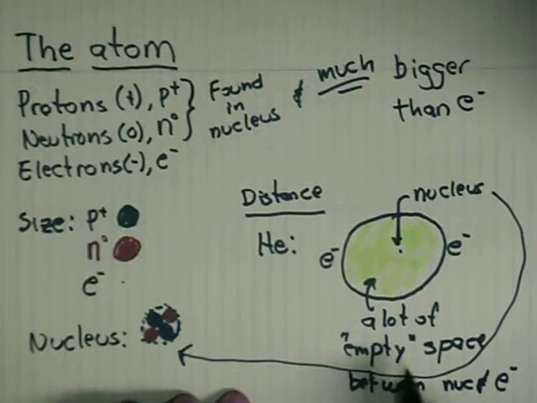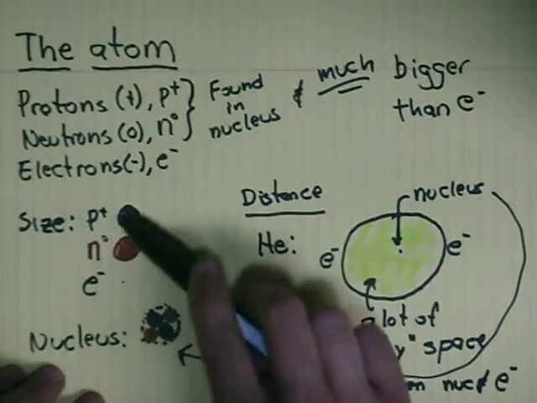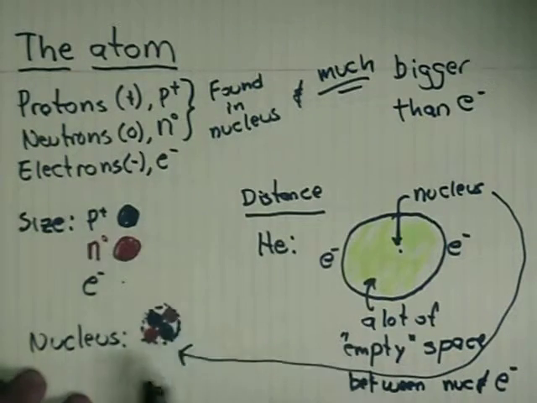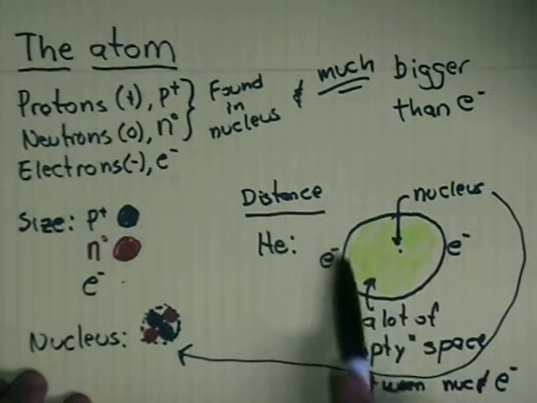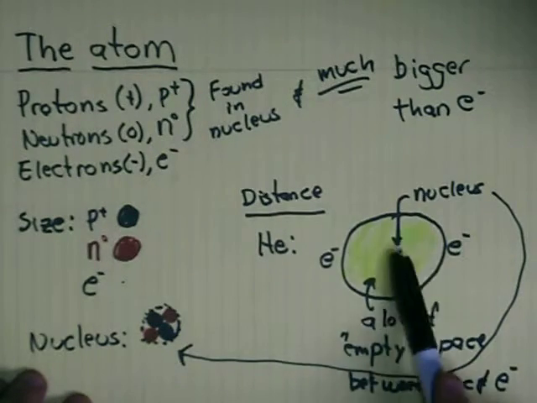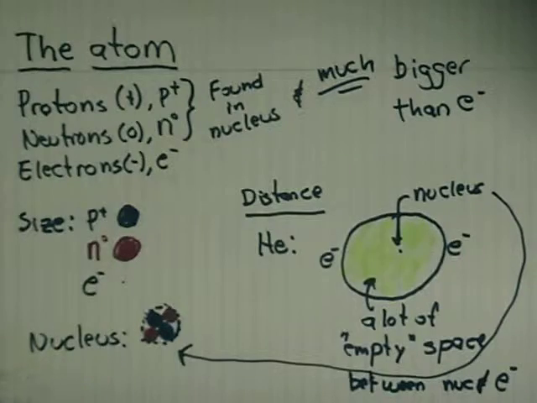So a lot of empty space between the electrons and the nucleus, the neutrons and the protons. So with size, protons and neutrons are really big, electrons tiny. And then distance, electrons are way, way, way out far away compared to where the actual nucleus is.